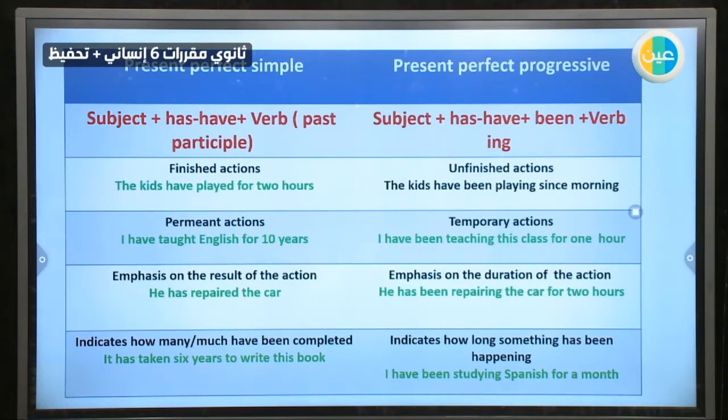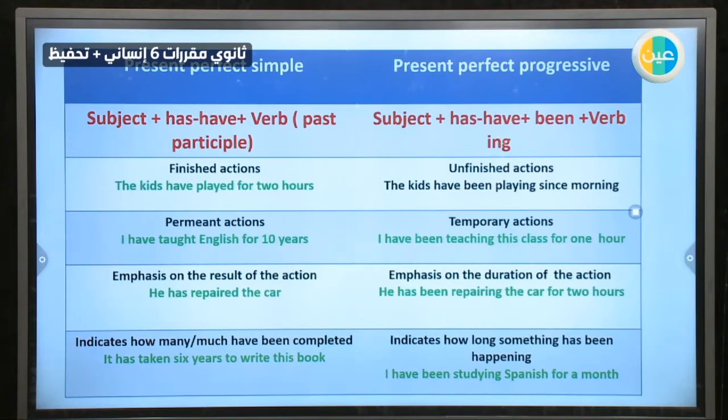Okay. We use the present perfect simple to describe finished actions. The kids have played for 2 hours. It's a finished action. They have already played. So you will use the present perfect simple.